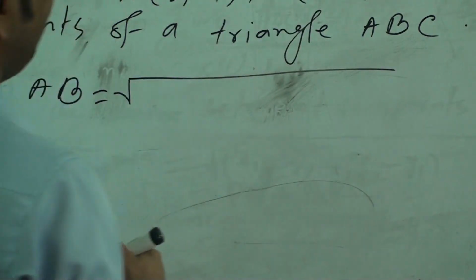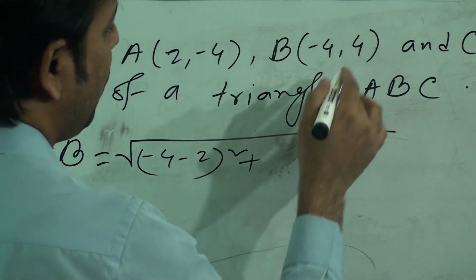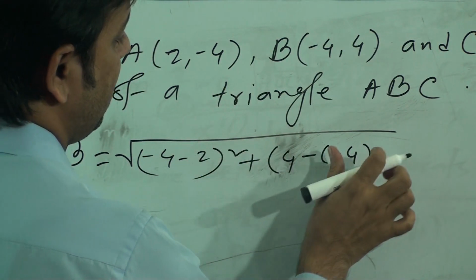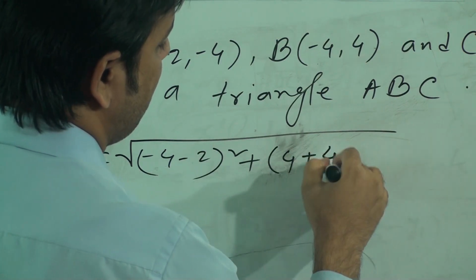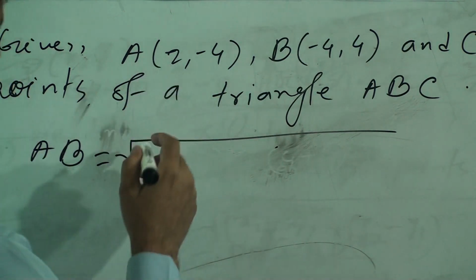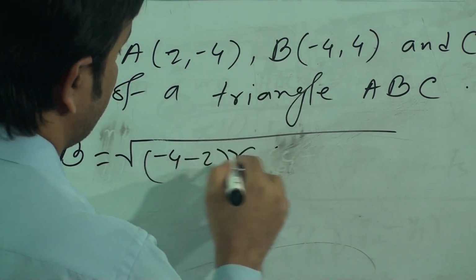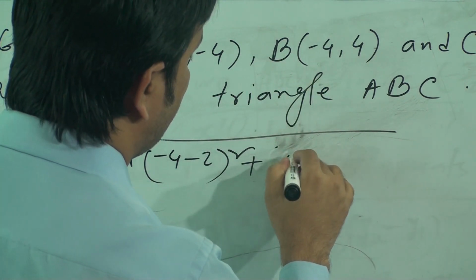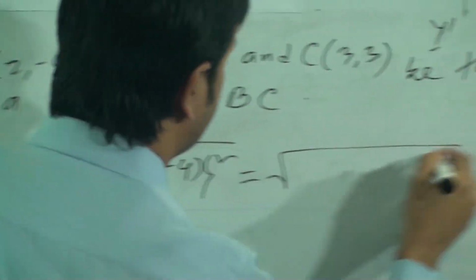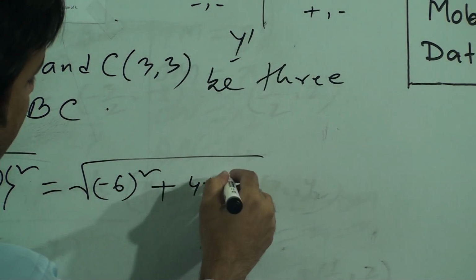So AB means square root of (x2 minus x1) whole square plus (y2 minus y1) whole square. We can write it in detail, not in short, or it will be a little hard for you to understand. So AB equals square root of (-4 minus 2) whole square plus (4 minus (-4)) whole square, which is (-6) whole square plus (4 plus 4) whole square.